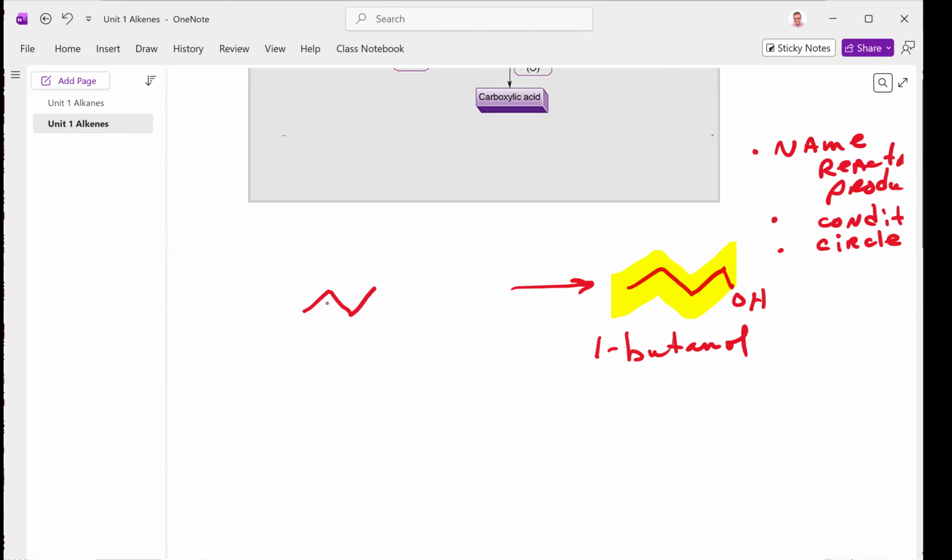Well, there's only 2 places it can go. It can go here or there. So which one are we going to use? Top or bottom? Now remember, the OH is going to attach on either side of the double bond.